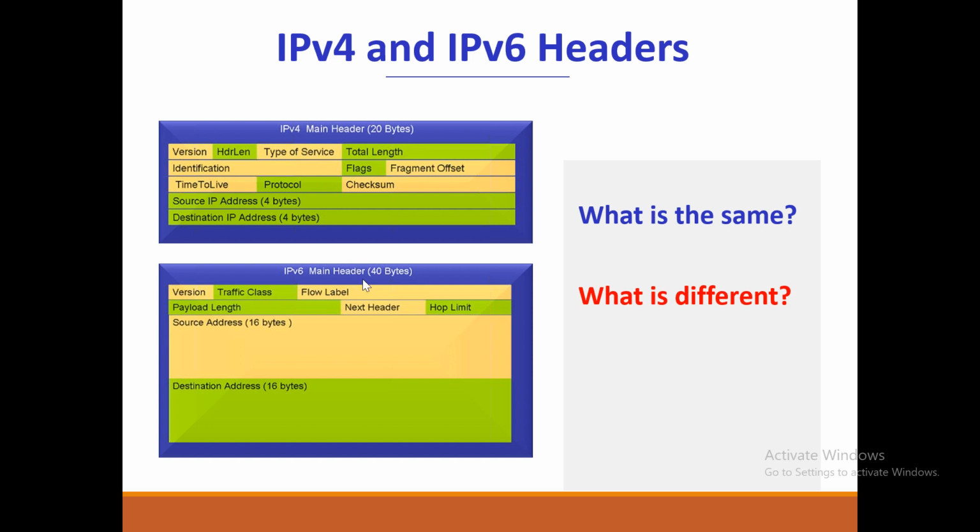Thanks, Mike. And you know, when you take a packet trace, you may think you just have IPv4 on your network. You're going to be surprised about what else you have. You may have more IPv6 than you think. So again, let's look at the IPv4 and v6 headers.